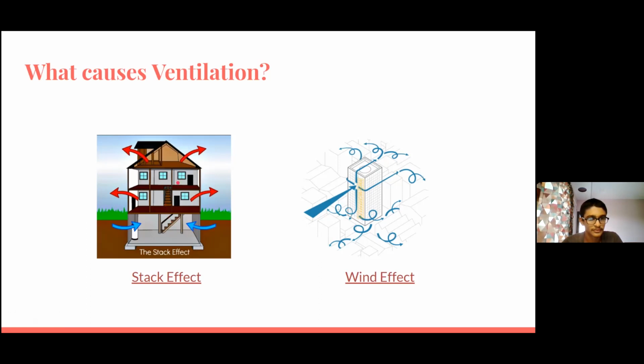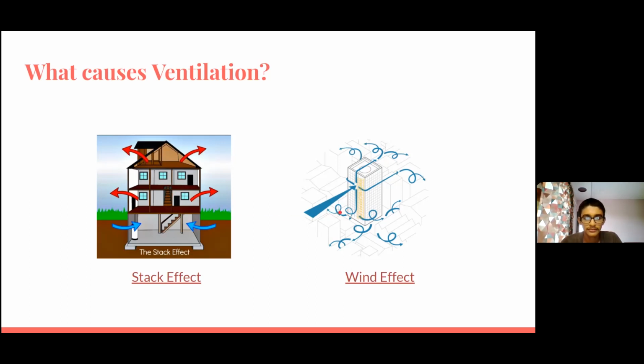As you can see in this image, through the attic there are openings or fenestrations where warm air can rise and escape, and through openings at the bottom, maybe doors or windows, cool air can rush to take its place. So this ensures a comfortable thermal environment indoors.